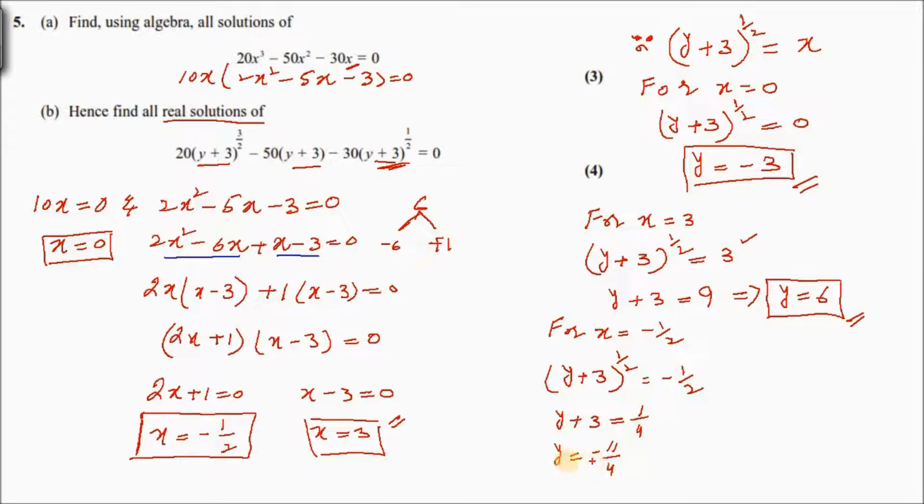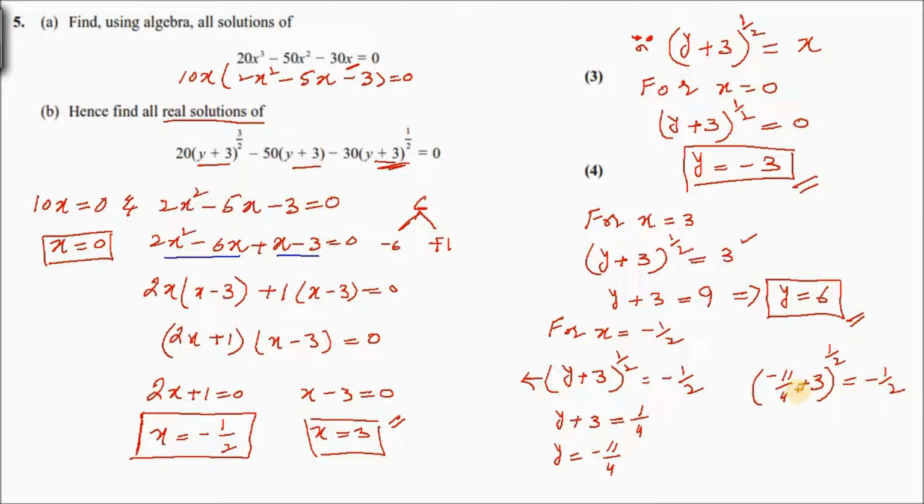But if you recheck your solution by substituting y equal to minus 11 by 4 in this equation to check whether you have a right solution or not, you will have (minus 11 upon 4 plus 3) to the power half, which should be equal to minus half.